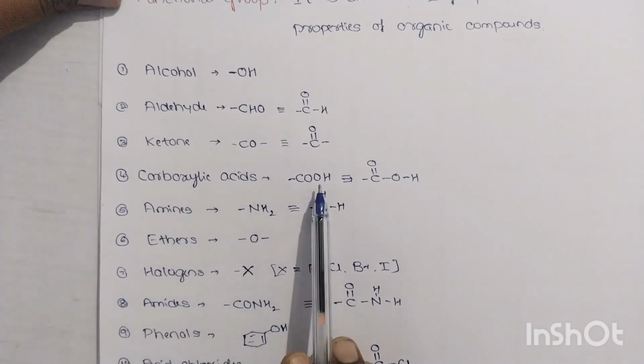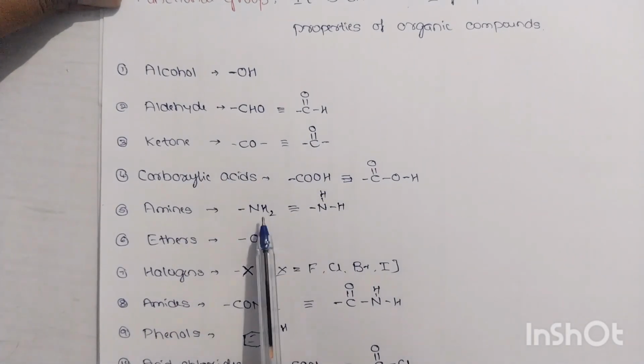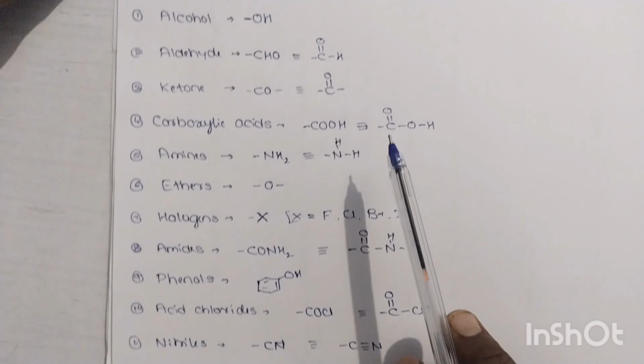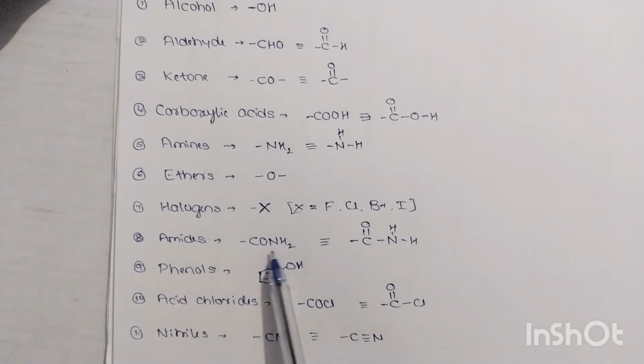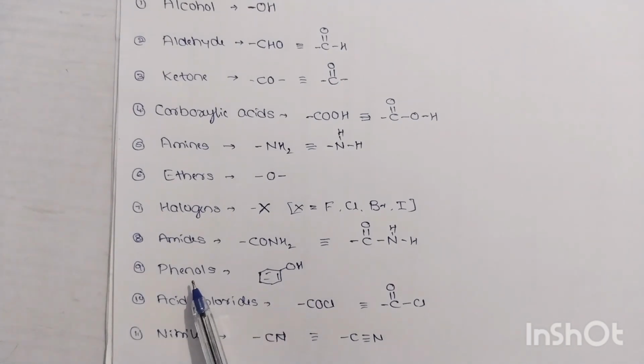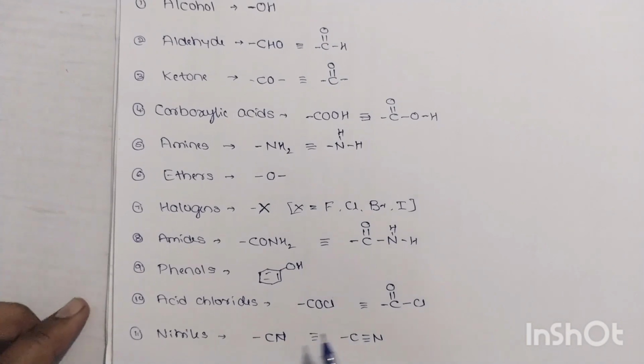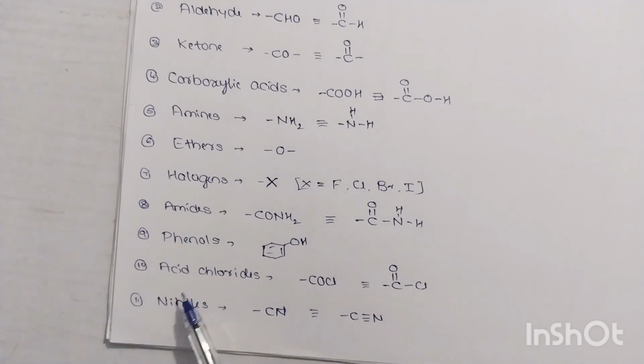CO is for ketone. COOH is for carboxylic acid. NH2 is for amine. O is for ethers. X is for halogens. CONH2 is for amides. If the OH group is attached to the benzene ring, that is called the phenol functional group or phenol. COCl is acid chloride. CN is nitrile.